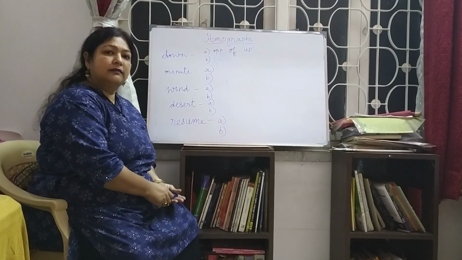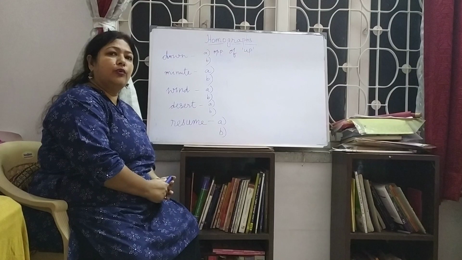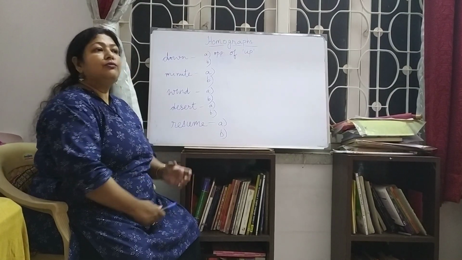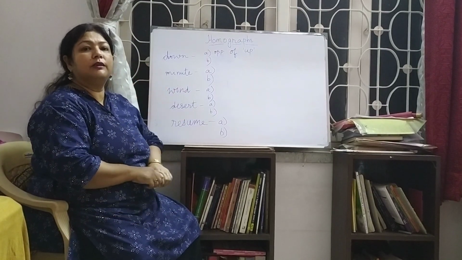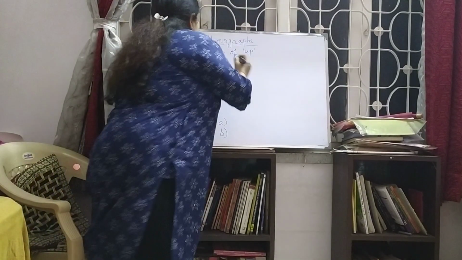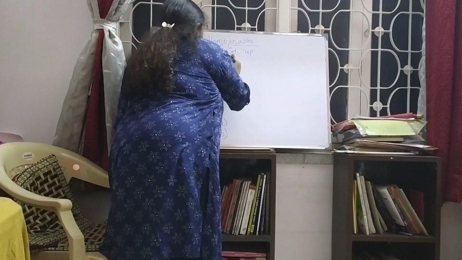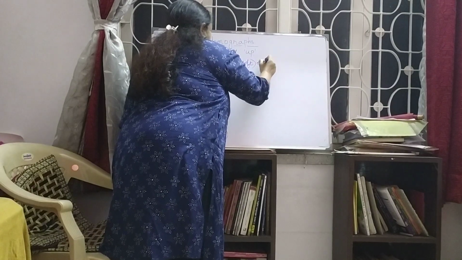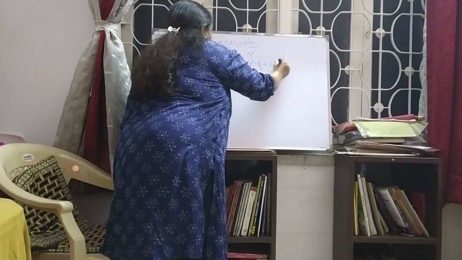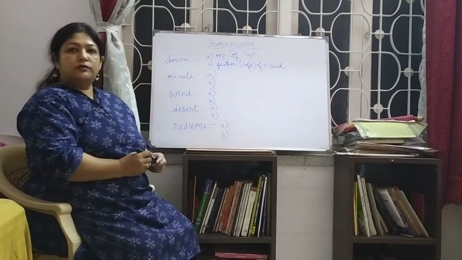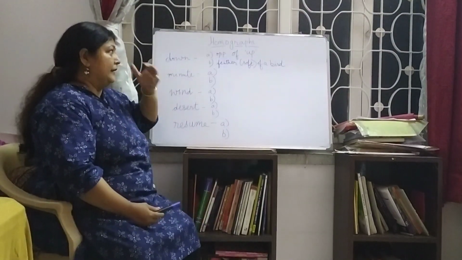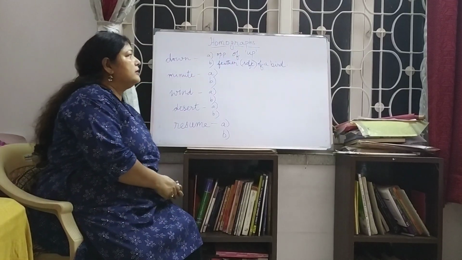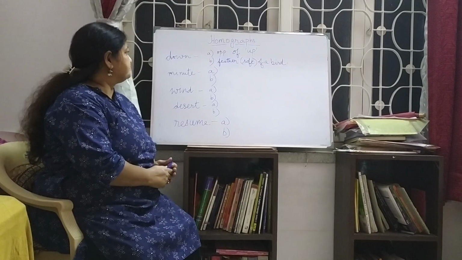The second meaning, this also I believe in class 11 most of you know, is down feathers, the soft feathers on the body of a bird. So these are the 2 meanings. First one is opposite of up, and the second one is the soft feathers of a bird.